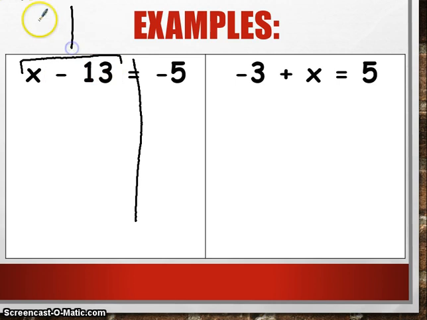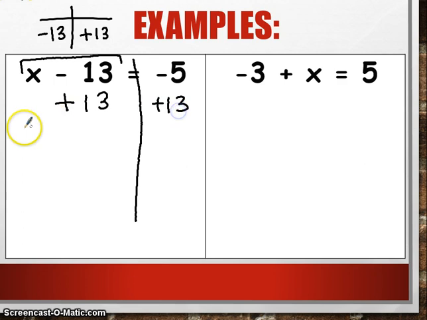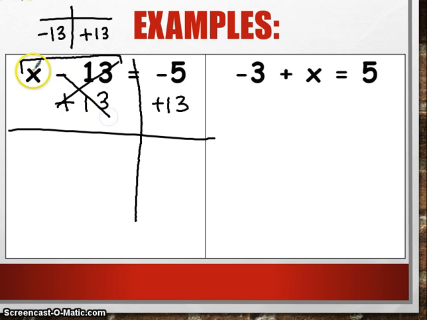Well, what is the opposite of subtracting 13? Well, the opposite of subtracting 13 is to add 13. So to add 13 to each side, which makes sense because negative 13 plus 13 makes 0, and that eliminates because x plus 0 is just x.